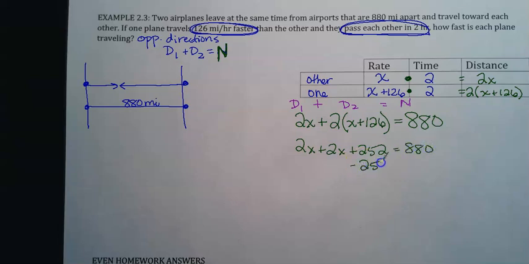So minus 252. And we're going to go ahead and add 2x plus 2x. So we've got 4x equals 628. We're going to divide by 4. And x is equal to 157.